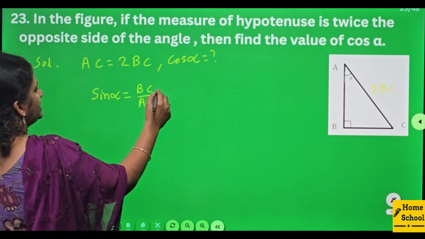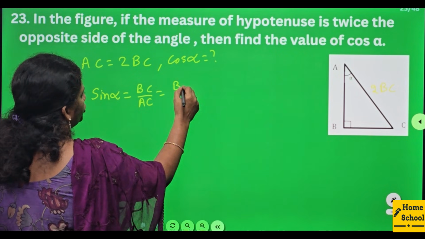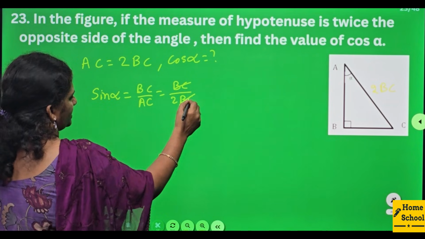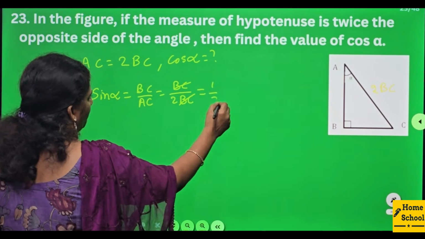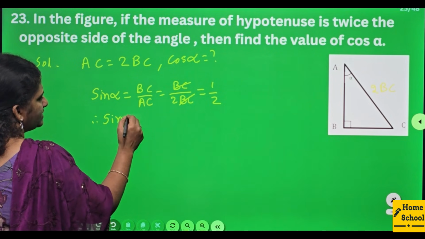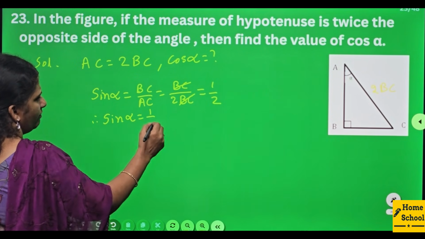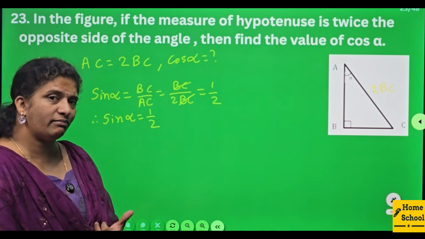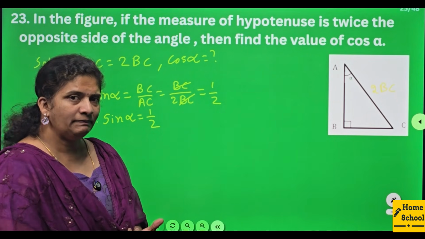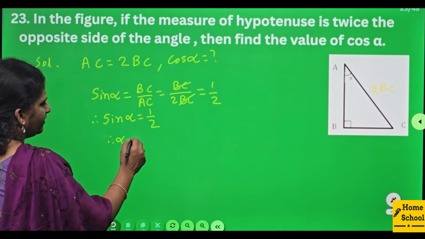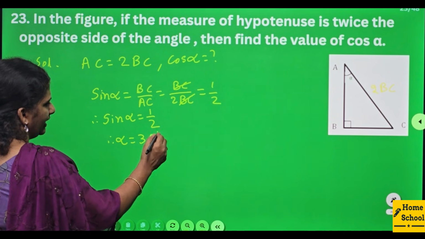But the given AC value is what? 2BC, no? Substitute. BC cancels, that will be 1 by 2. Therefore, what I got? Sin alpha is equal to 1 by 2. In the sin trigonometric ratio table, where do you get 1 by 2? In sin 30 degree, right? Therefore, alpha is equal to 30 degree.